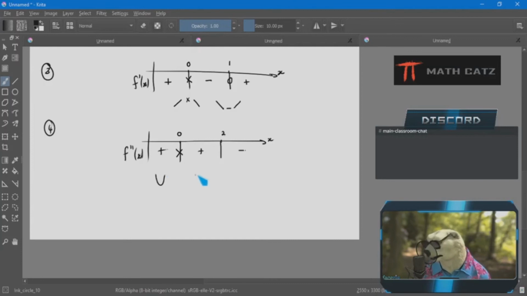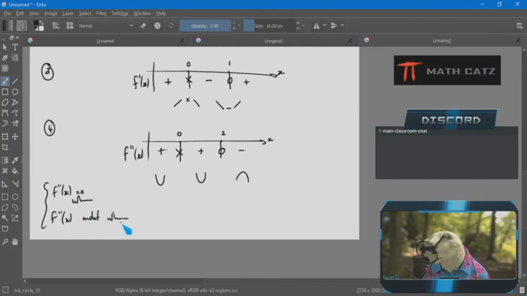I'm bending up, bending up, bending down. It's going to have to be a 0 then. It has to be one of them because that's where these points come from. Remember, they come from the check: second derivative equals 0 or second derivative is undefined.